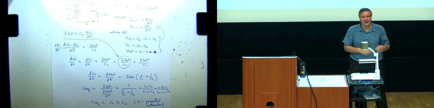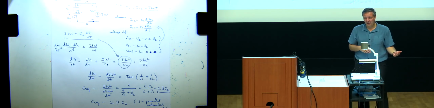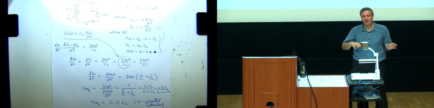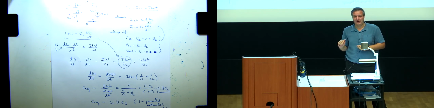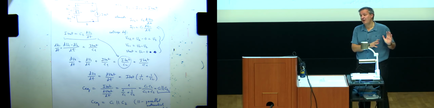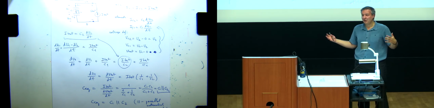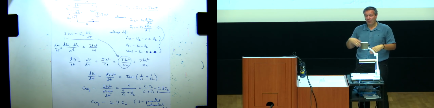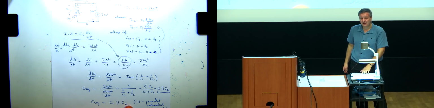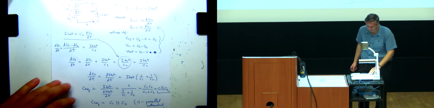So don't let that confuse you. Don't let the topology be confused with a mathematical operation. It just so happened that this parallel operator was applying to resistors in parallel. That was kind of convenient to remember. But now, this parallel operator applies to capacitors in series. So just keep that in mind.